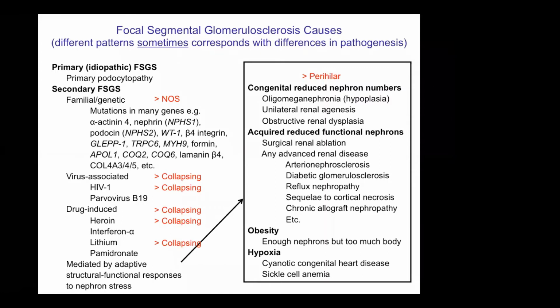Some drugs can cause podocyte injury, like heroin, interferon alpha, and lithium, and these are more likely to be collapsing. So FSGS in a nutshell is either primary or secondary, and according to the cause, it's more likely to be of a certain variant. But this does not exclude that we can have FSGS NOS in, for example, hypertension or diabetes.